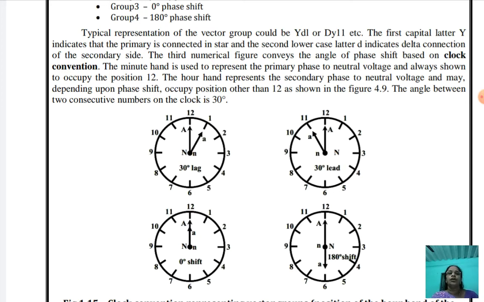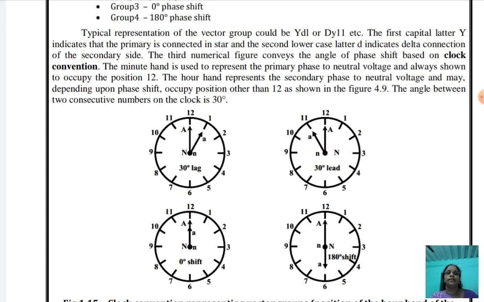Here the minute hand is used to represent the primary phase to neutral voltage, and the hour hand represents the secondary phase to neutral voltage. That is, phase to neutral means phase voltage only.